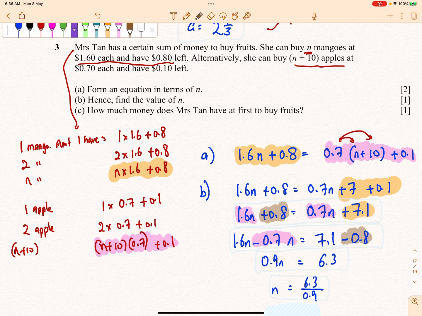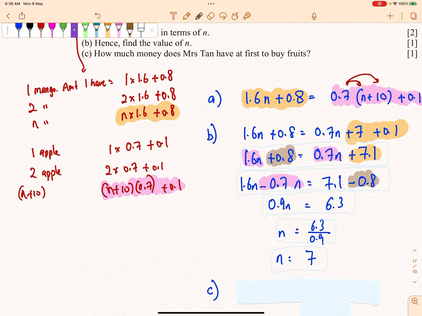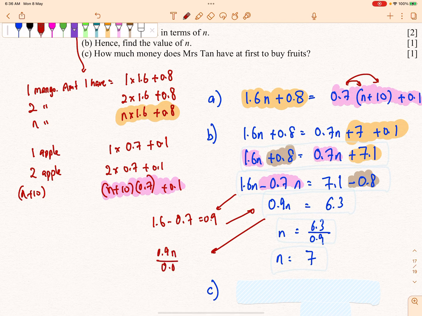Combine them together, and then find n, and I get n equals 7. Combining them together means 1.6 minus 0.7. Press your calculator, and you will get 0.9. I want to remove the 0.9, so on both sides I divide by 0.9, and n is 6.3 divided by 0.9.